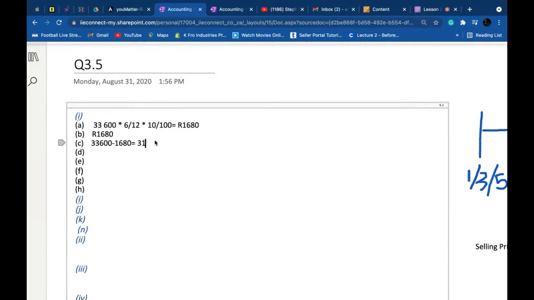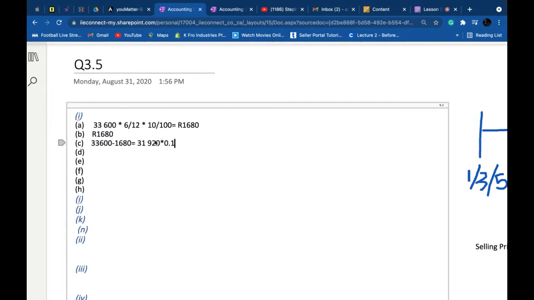We are going to do that. We just wanted to first remove the depreciation from last year. So we're getting that 31,920. And then we're saying times the 10%.